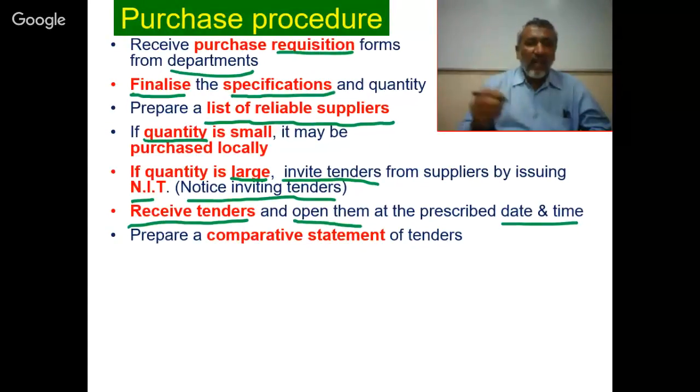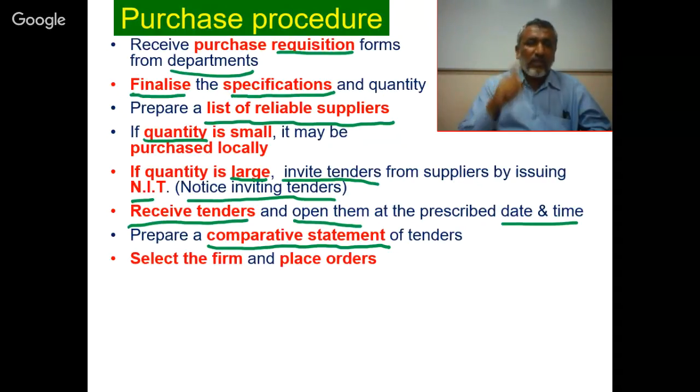After the tenders are opened, a comparative statement is prepared. This comparative statement gives the price quoted by different suppliers and the terms and conditions of different suppliers. Based on this comparative statement, the most economical tender is selected.